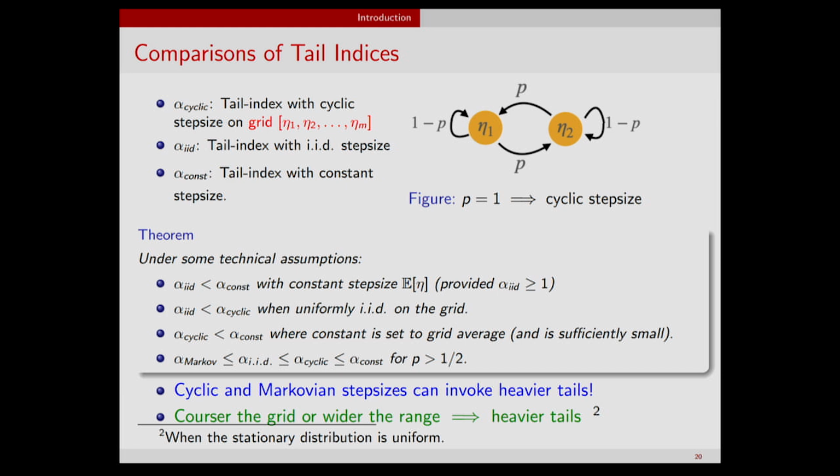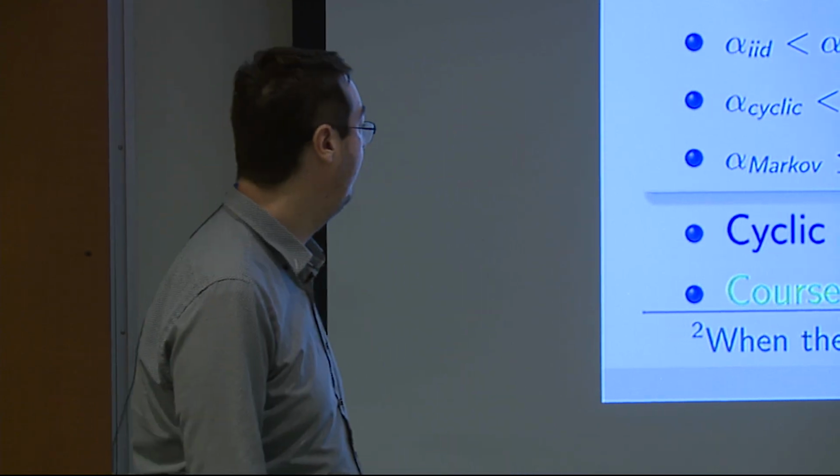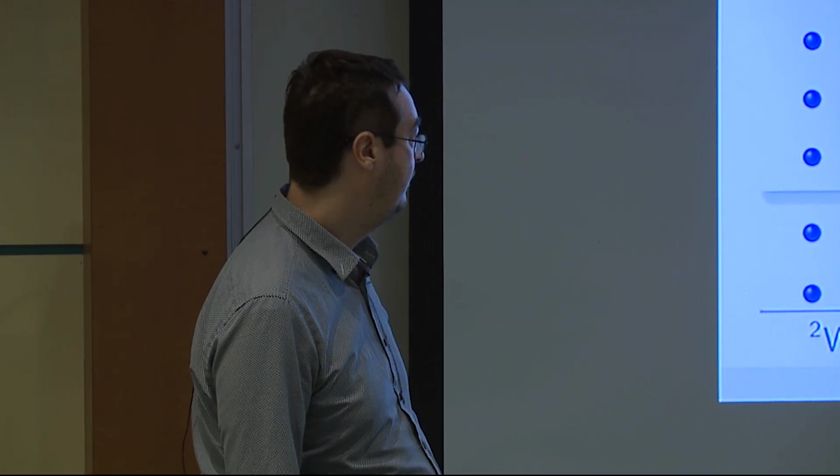And it turns out that, for example, you can actually compare all of the step sizes for this thing. And then you can argue that the cyclic and Markovian step sizes can invoke heavier tails. So basically, compared to the constant step size, if you use a Markovian or a cyclic one, you will be invoking heavier tails. And if you have a coarser grid, you will have heavier tails.